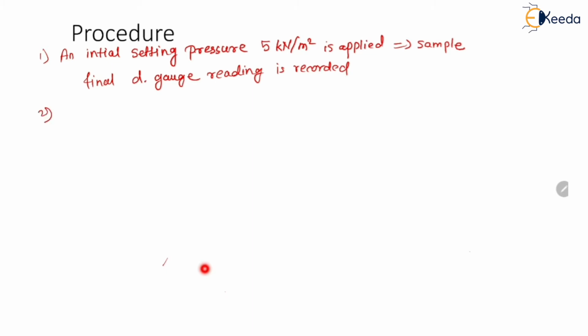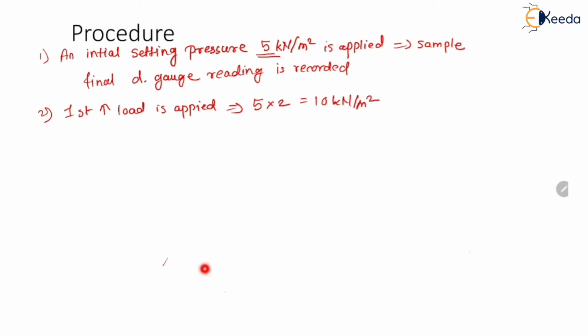After that, the first increment of load is applied. This time the load will be equal to 5 into 2, which is equal to 10 kilonewton per meter square.